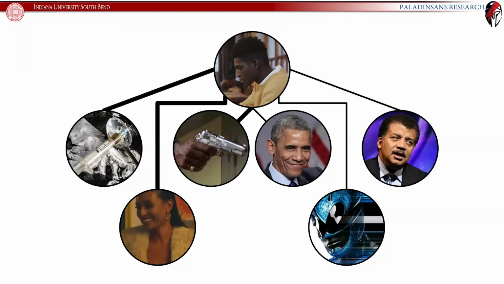And if you do have those associated with the negative stereotypes, even if you are a black male, you will still behave in racist ways. You will still have that internalized racism.